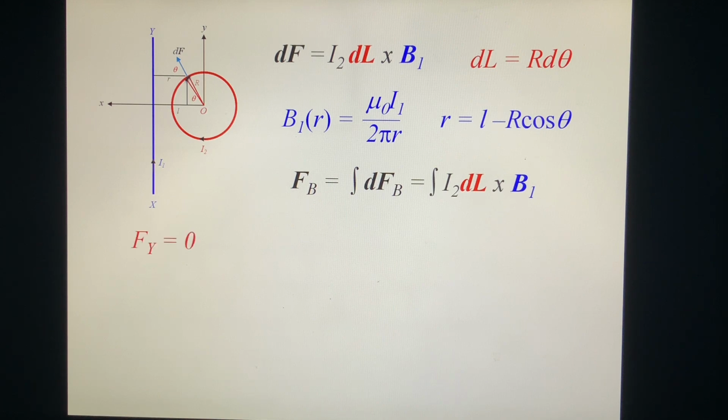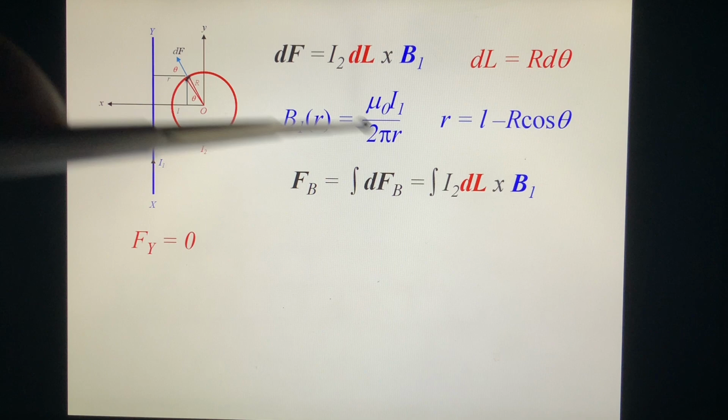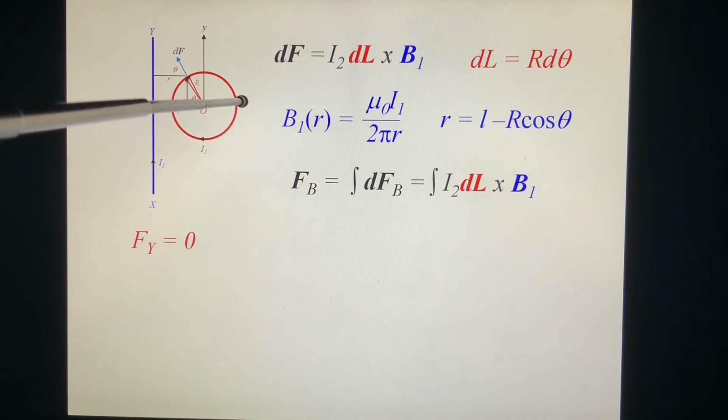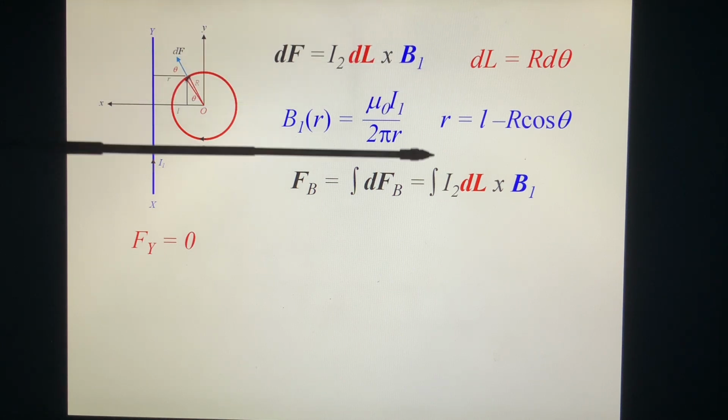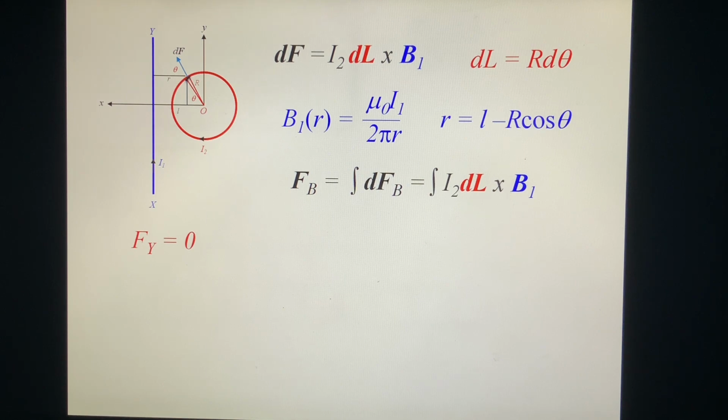What we do, by symmetry reason, we say Fy equal to 0. This symmetry, look at, because B are not symmetry relative to this O. That's B on this side because r smaller is larger, and this one is smaller. But if you look at this one, okay, upper part and the lower part are symmetry, okay. So finally we find Fy is 0, we only find Fx.